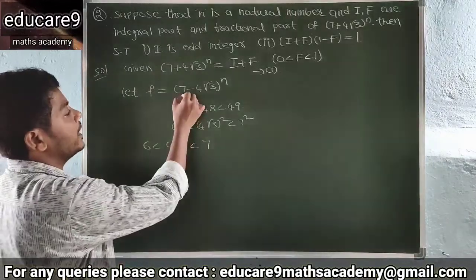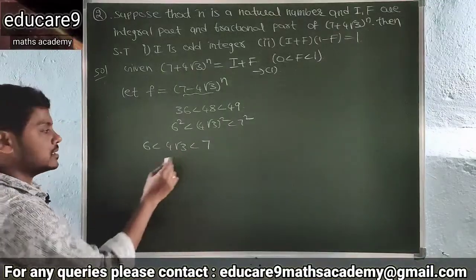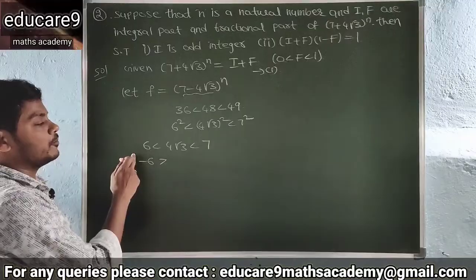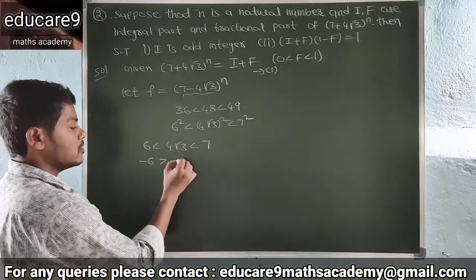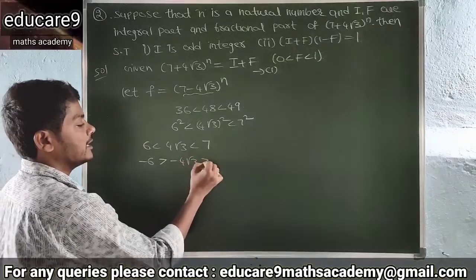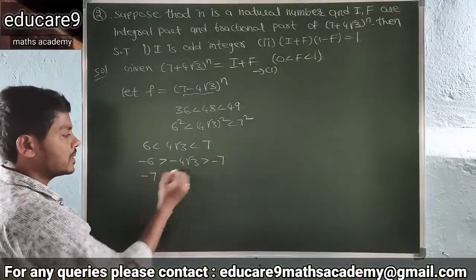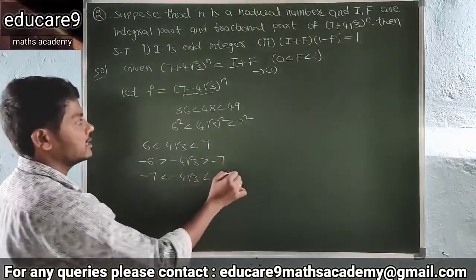So you want to find 7 minus 4 root 3. First multiply with minus. So what you get? Minus 6 is greater than minus 4 root 3 — if you multiply with minus, then the symbols also change — greater than minus 7. So this is minus 7 less than minus 4 root 3 less than minus 6.